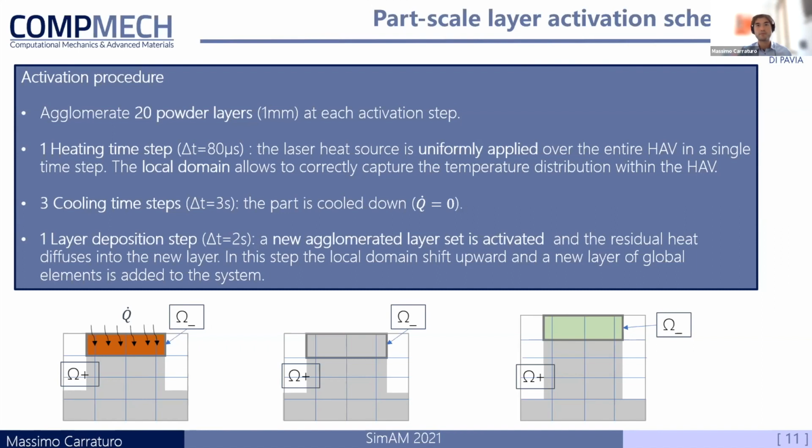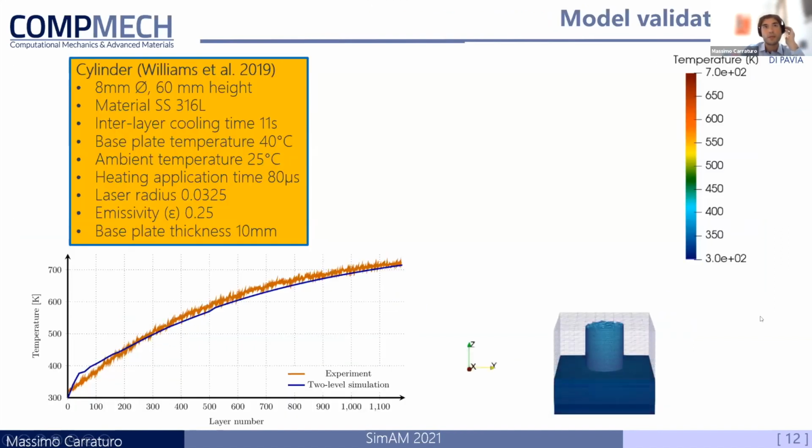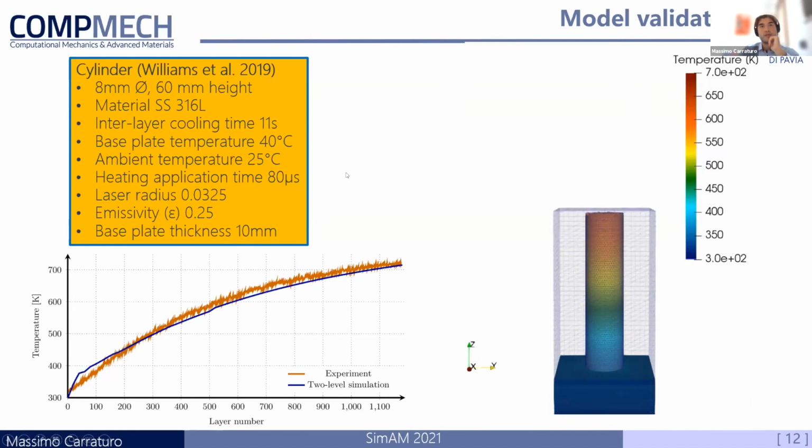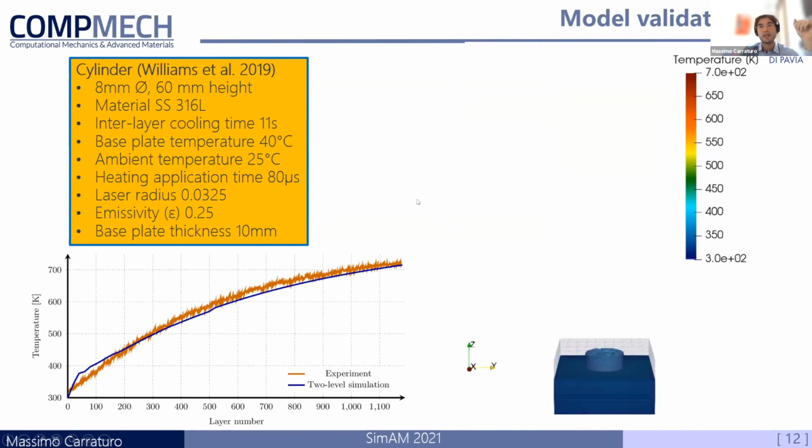And finally, 1 layer deposition step, where we basically allow the residual heat to diffuse into the new layer of powder. We have tried to validate this model, comparing with results presented in the literature, and in particular by measurements of the activation temperature of the new layer performed by Williams and co-authors in 2019 on the LPBF process of a cylinder 60 millimeter high made of stainless steel 316L material.